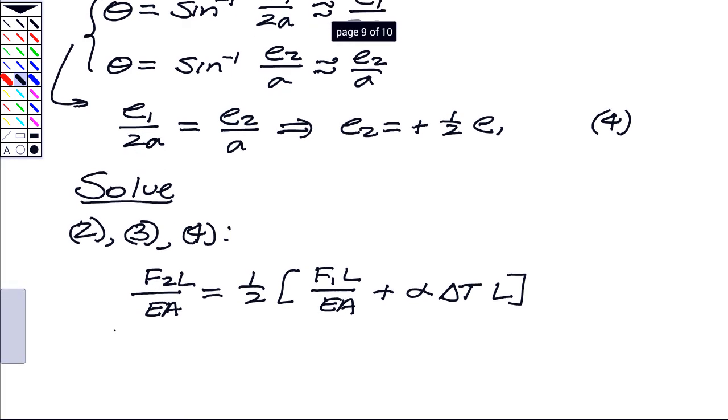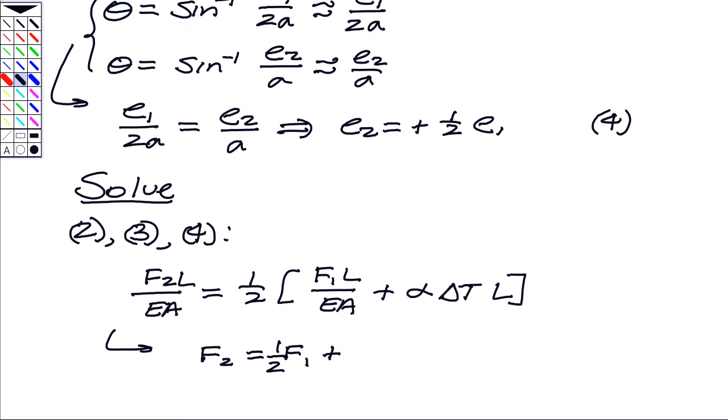So the relationship that I was looking for here that relates F1 to F2 is right here. F2 is equal to F1 times 1/2 plus 1/2 EA alpha delta T. Again, we were looking for that additional equation.